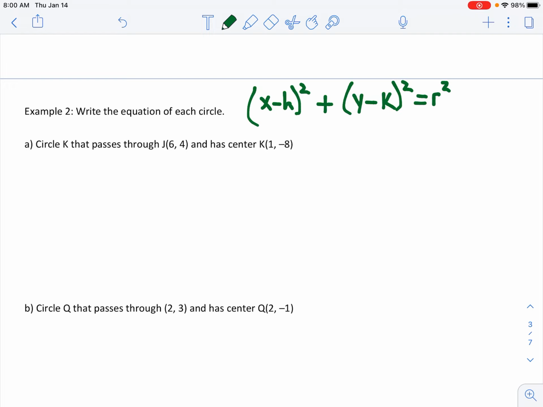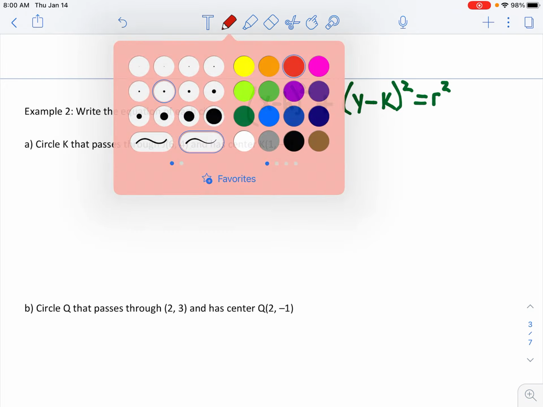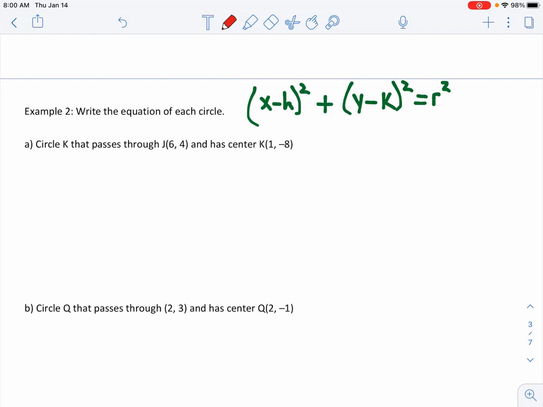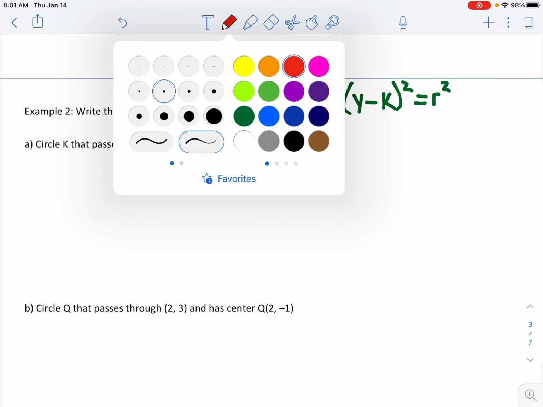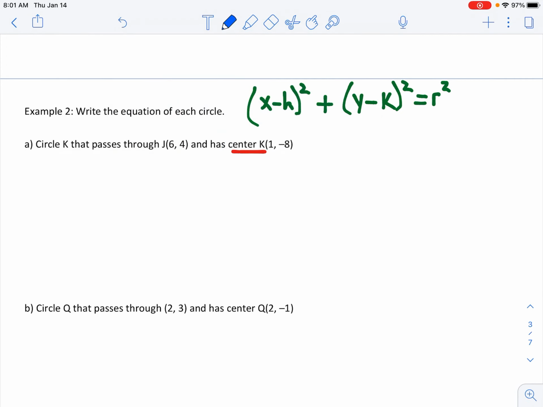Now, you'll notice before we always said we need two things. We need the center and a radius to go ahead and write the equation of a circle. I notice we have the center. All right, the one thing I notice is that we do not have the radius. So I'm going to do the distance formula first to find the radius. So I'm going to do some side work to find the radius. And in order to find the radius, I'm going to have to do the distance formula.